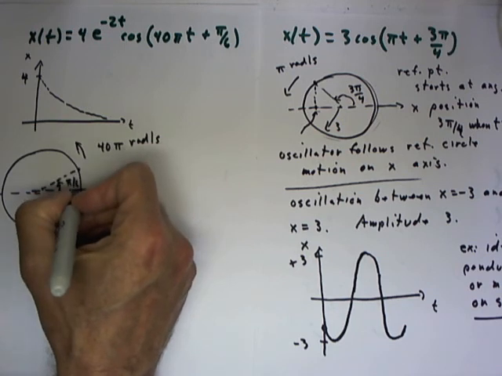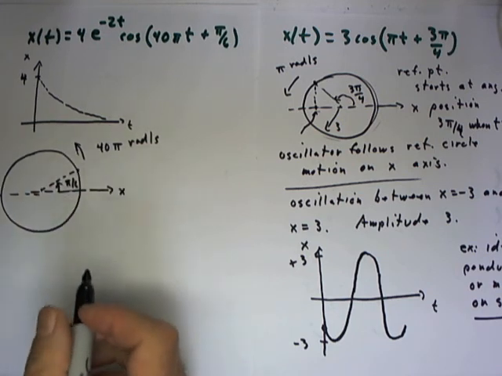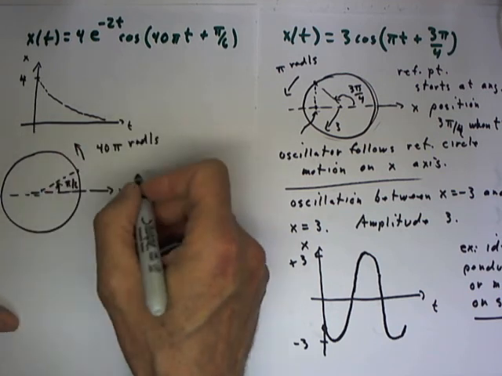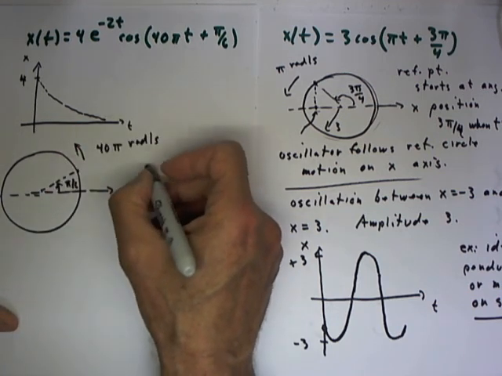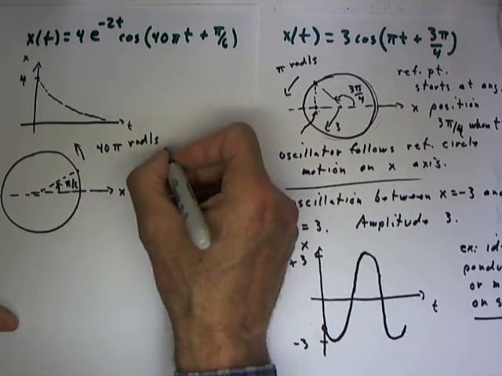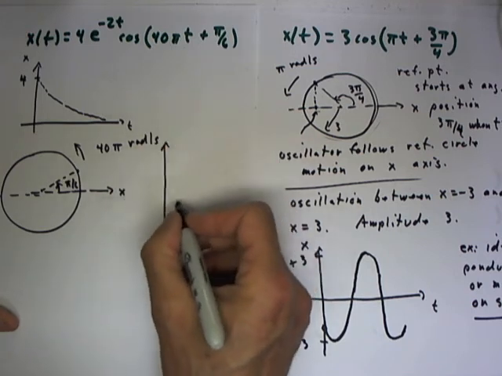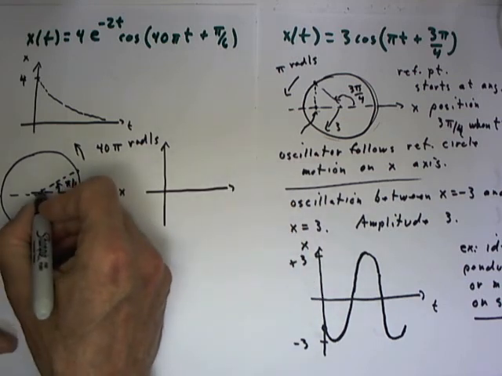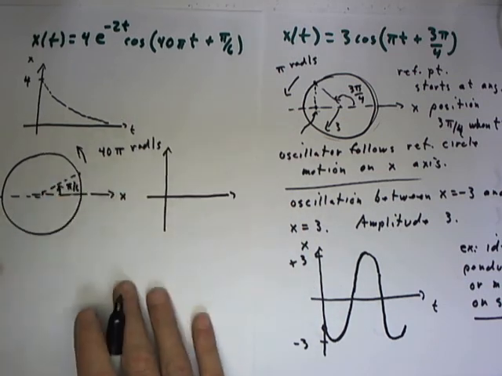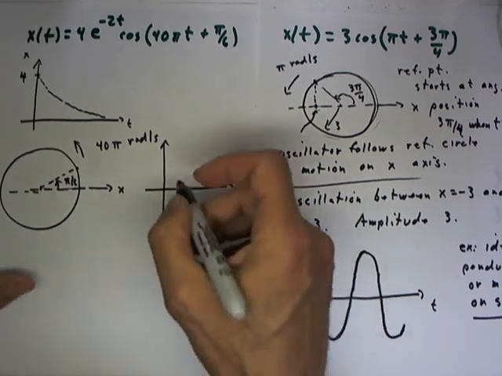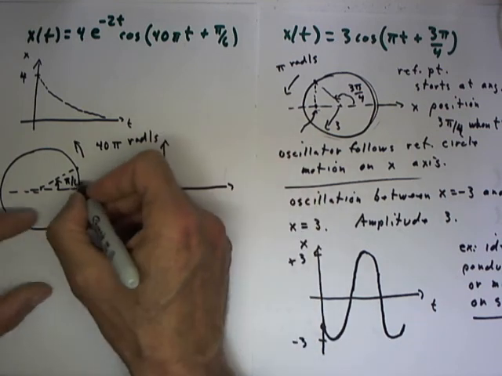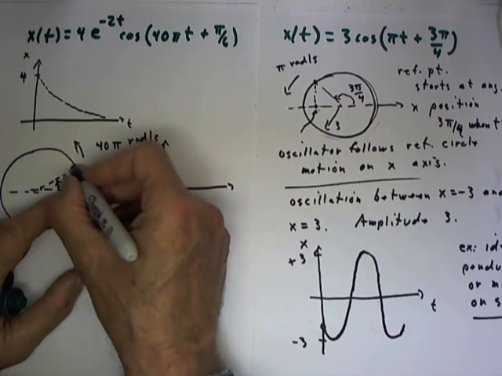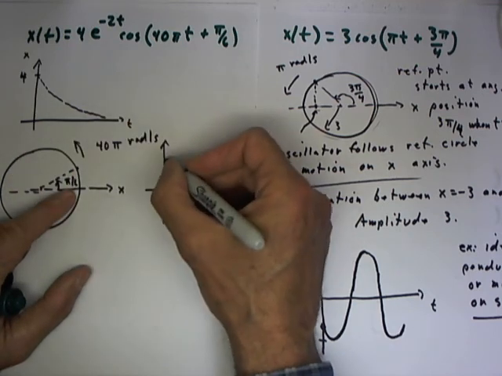The x-coordinate of this point is going to be about here. The graph of just this function is going to look something like this. We're starting at a positive value of x, and x is going to be decreasing as we move around this way.